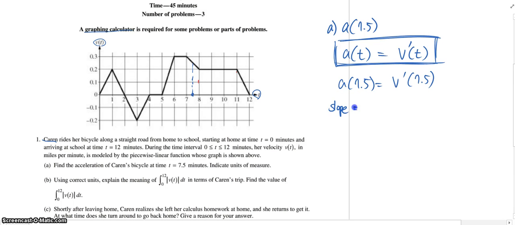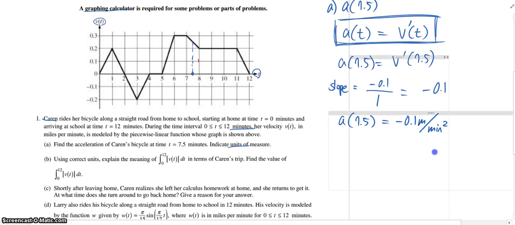Using rise over run, the run is from 7 to 8, so it's 1. When the time moved from 7 to 8, the velocity dropped from 0.3 to 0.2, so that's negative 0.1. So the slope is negative 0.1, which means the acceleration at time equals 7.5 minutes is negative 0.1, and the unit is meters per minute squared, because it's based on minutes.